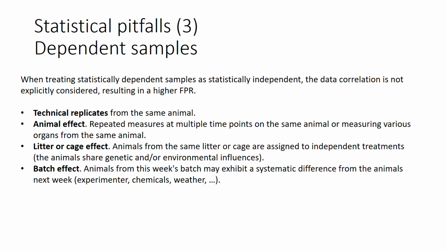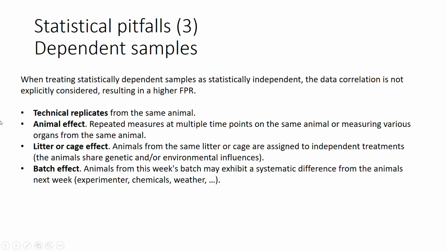There are ways to account for it, but the standard ways that we use in the labs normally don't. So if I have technical replicates, the right way of dealing with them is averaging them, and then you have a single value associated to that animal.